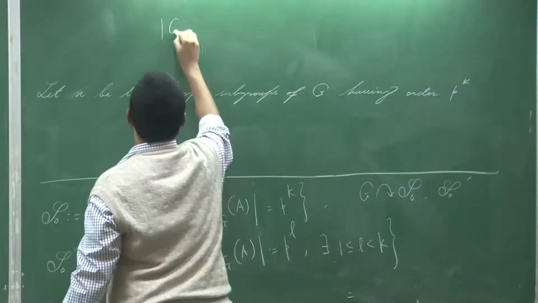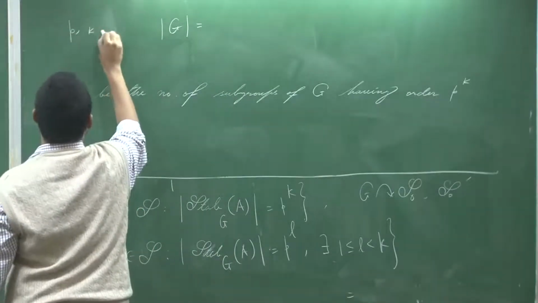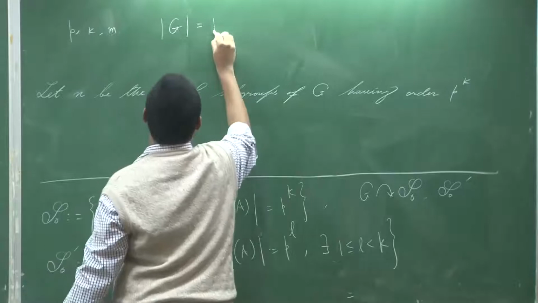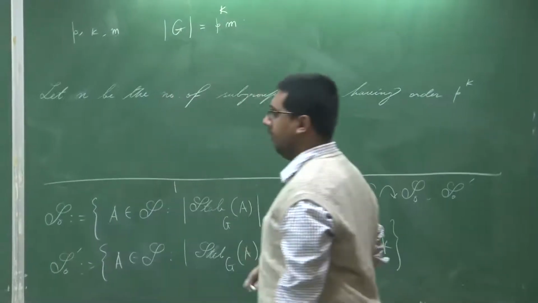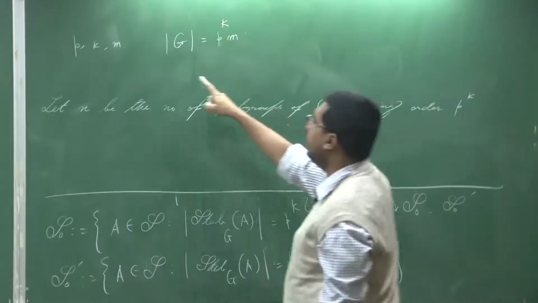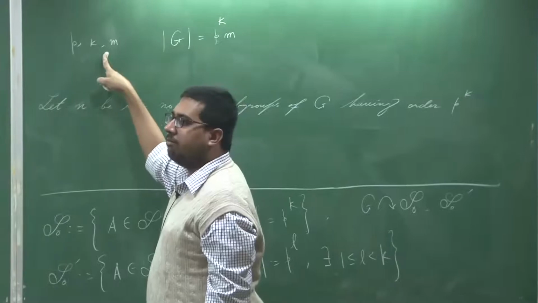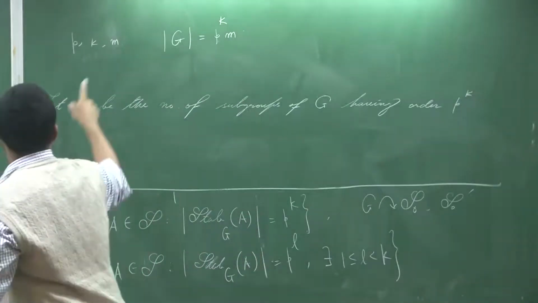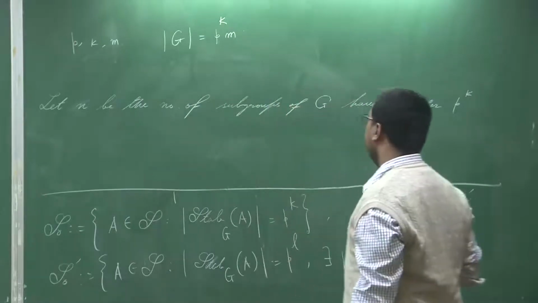Remember, we begin with a prime p and natural numbers k and m, and a group having order p to the power k m.